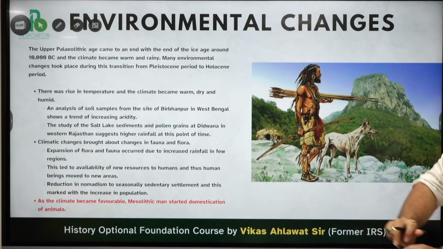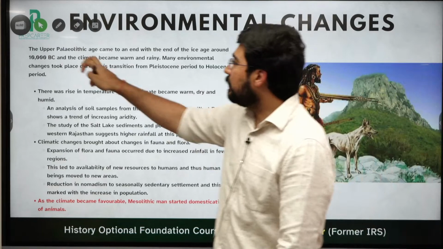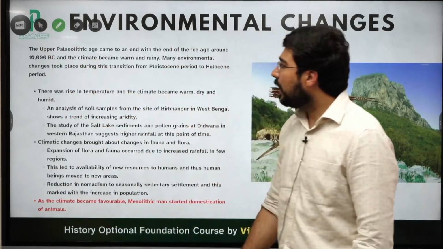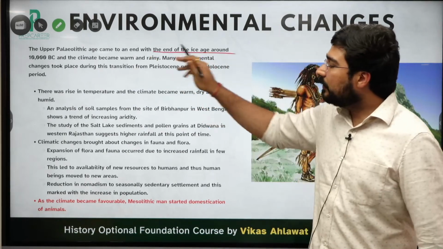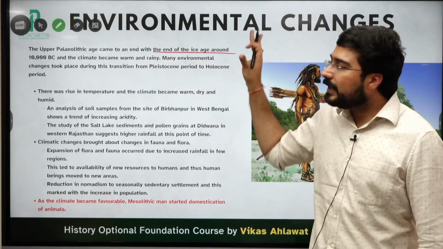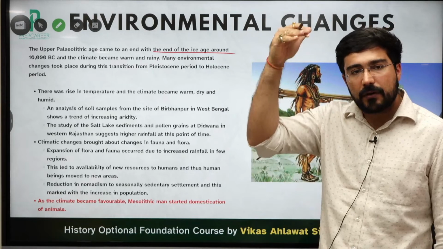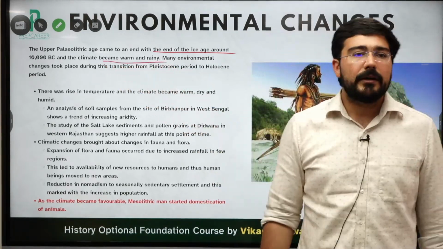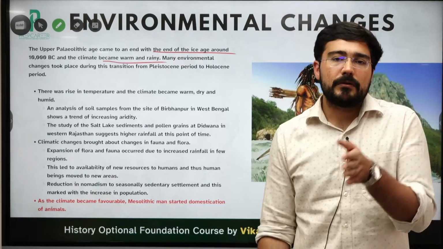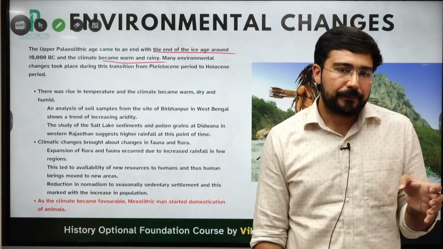Next, the overall environmental changes. Okay, we already have an idea about it. This is the time. Okay, with the end of the Upper Paleolithic period, we see that the ice age was now going to slow down, and the climate will become warm and rainy. This will also be important. Why?